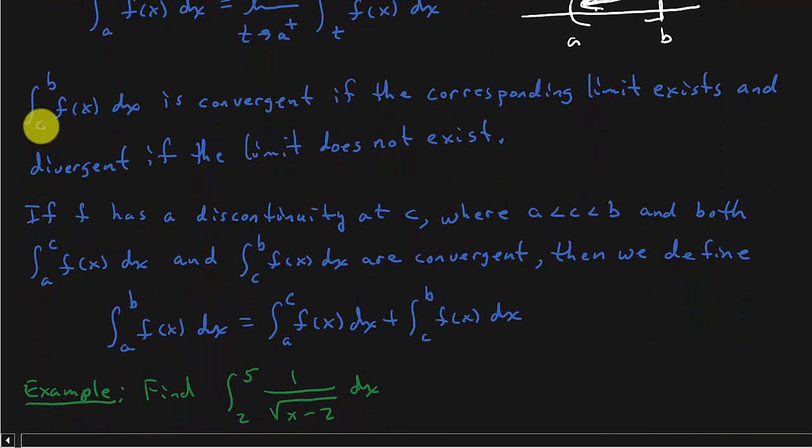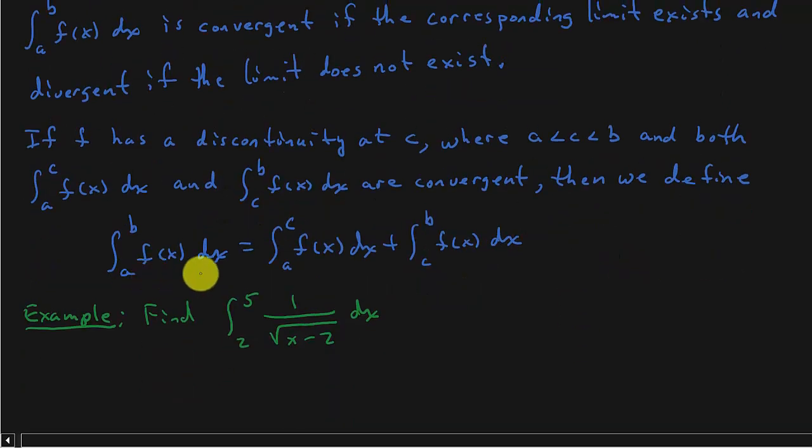All right, and then if we have the integral a to b f of x dx, this integral is convergent if the corresponding limit exists and divergent if the limit does not exist. And if f has a discontinuity at c, where c is between a and b, and both of these integrals, f of x dx from a to c and c to b, are convergent, then we define the integral f of x dx from a to b as equal to this.